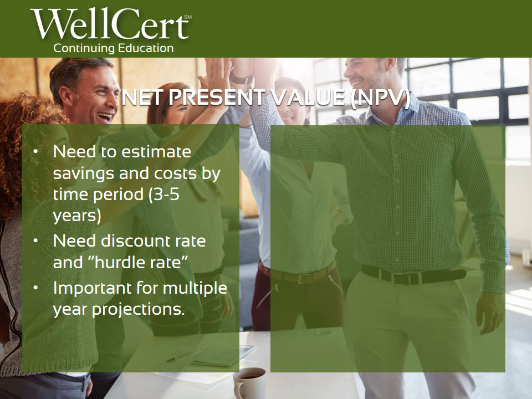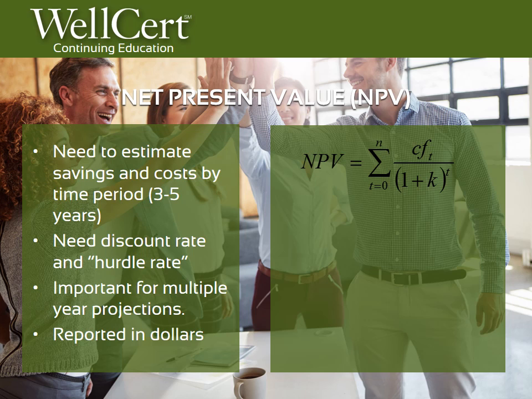So our net present value is used to estimate forward what will be the ultimate net economic impact of the wellness program. And it's usually reported in dollars. And that's the formula for it.